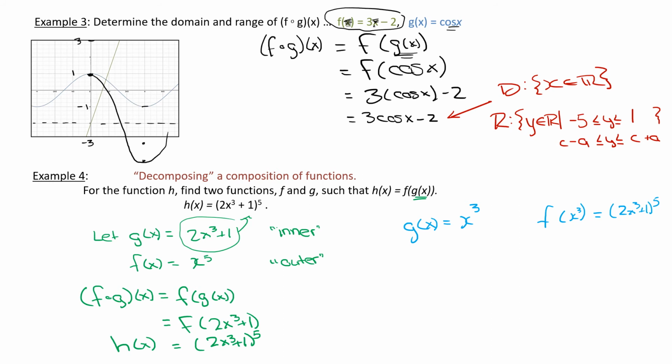That would work if f at x were just 2x plus 1 to the power of 5. Because once I take this x cubed and sub it in here, then I would have h at x. So that's a little more challenging to think in the opposite direction that we're used to thinking, but there's more than one answer for that.